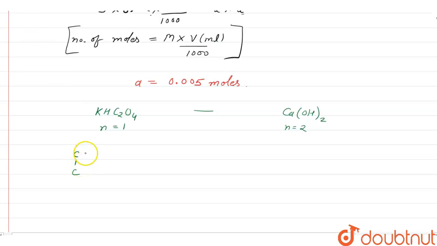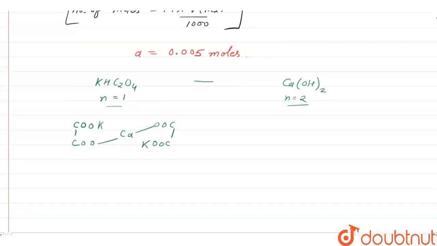Potassium hydrogen oxalate can be written like this, and when it combines with the calcium hydroxide, the reaction would occur like this. Potassium won't be reacting and only H would be removed from here, and the bonding would occur like this. So this would be the product. So n is 2 for calcium hydroxide and n is 1 for potassium hydrogen oxalate.